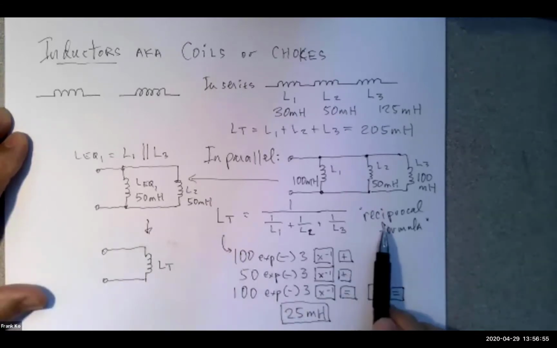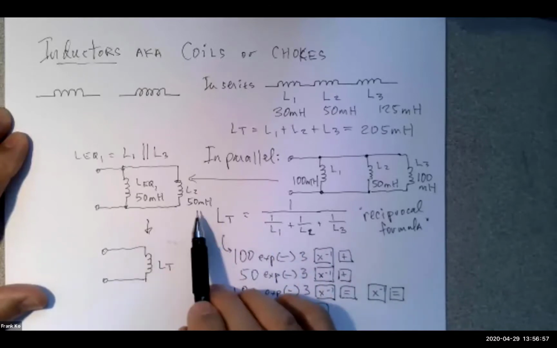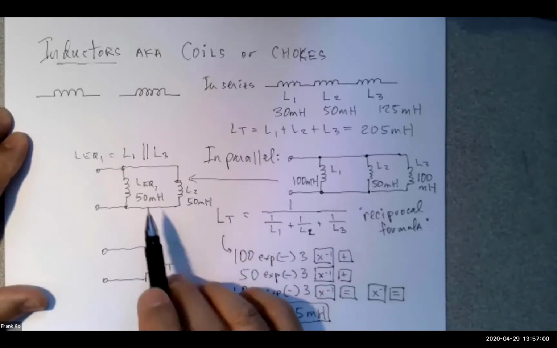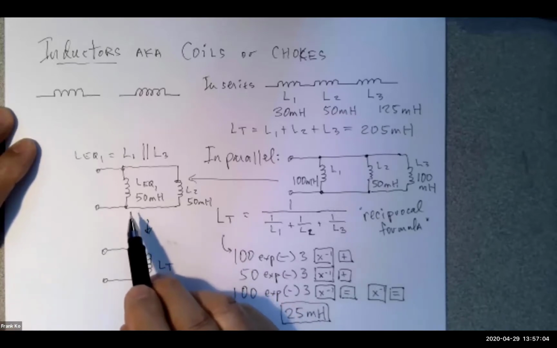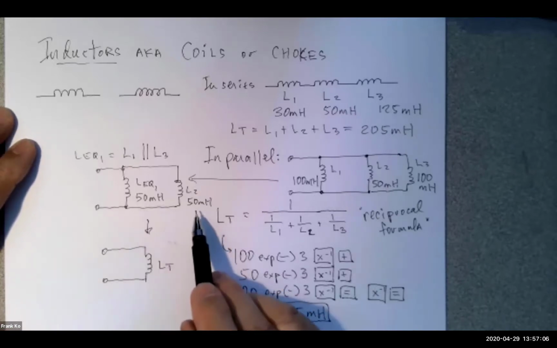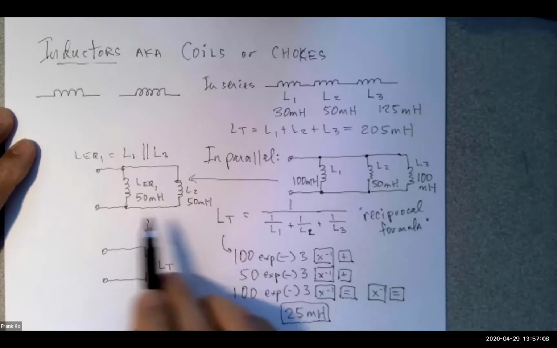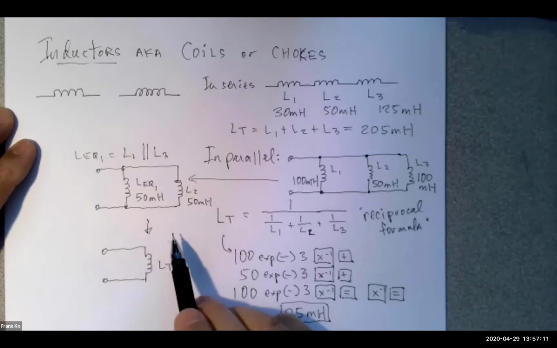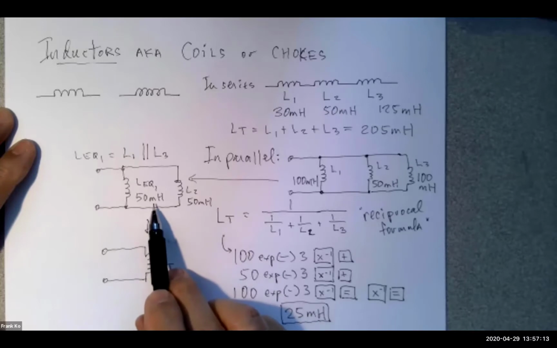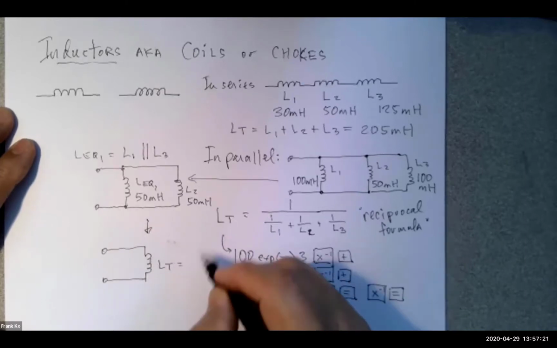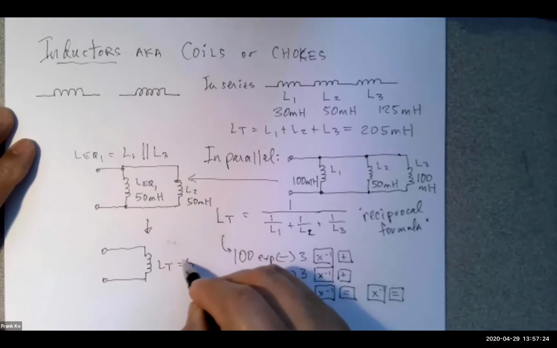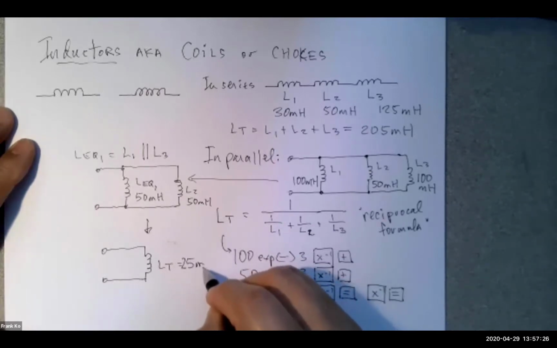I can use the reciprocal formula, I can use product over sum, or anytime I have multiple identical value components in parallel, I can simply resolve their total by taking that number, which is identical, 50 millihenries in this case, and dividing by the number that have 50 millihenries, which is 2. That means this will resolve to be 25 millihenries.